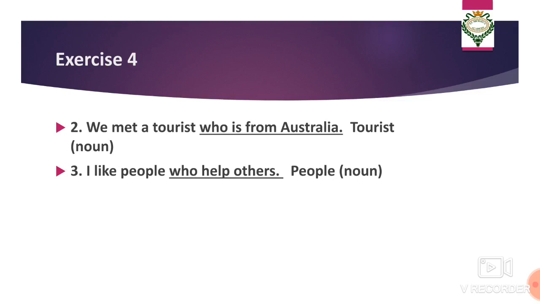Tourist. So in the given blank you have to write that noun. I like people who help others. Who help others is the adjectival clause. And this adjectival clause describe the noun people.